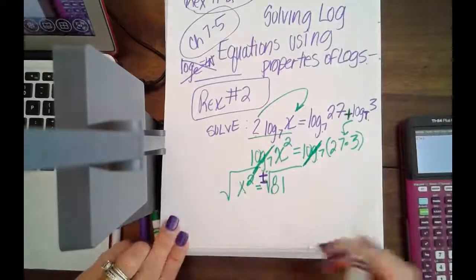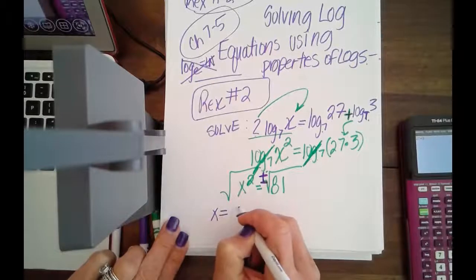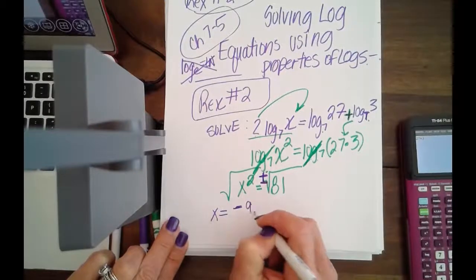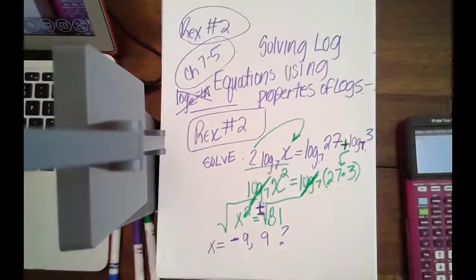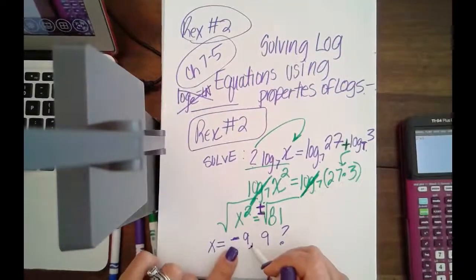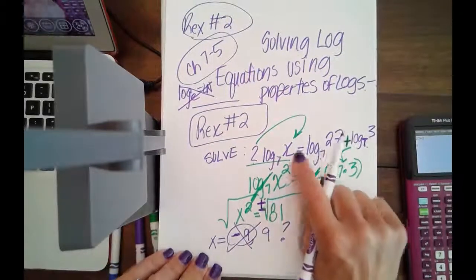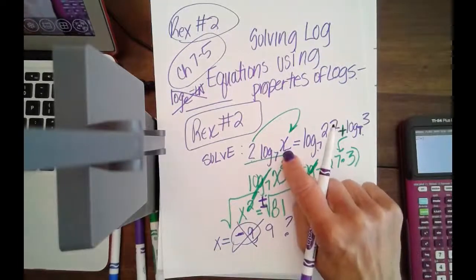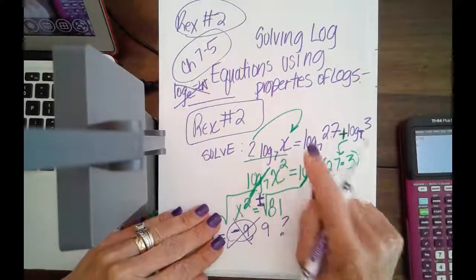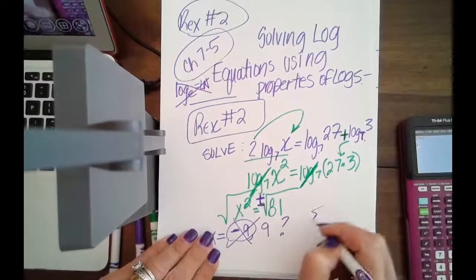Doesn't mean both roots are going to work, but we have to put it out there. So we have x equals negative 9, and x equals positive 9, and we don't know, so we need to check. Obviously this one is out because you cannot put a negative in for that argument, so it's gone. Positive 9 worked there because it's a positive argument. So 9 is our answer there.